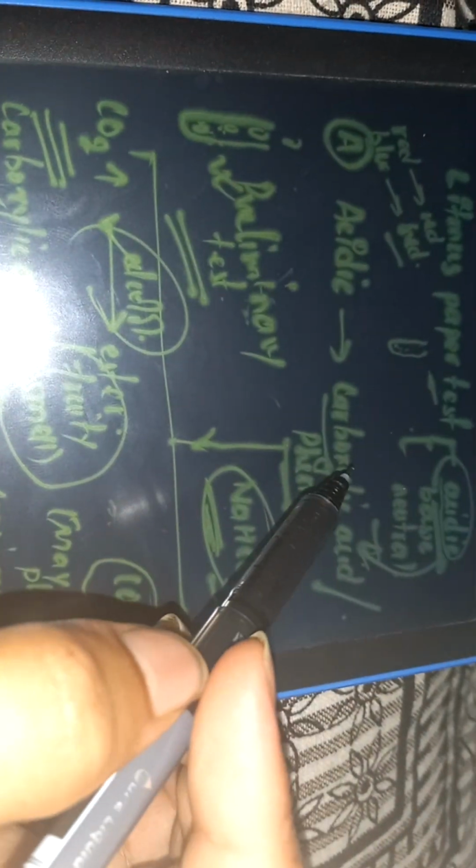Now you have to confirm that it is either a carboxylic acid or a phenol. For this, we have to do a preliminary test, because in most cases the litmus paper test is not recognized, but we are confirming this.